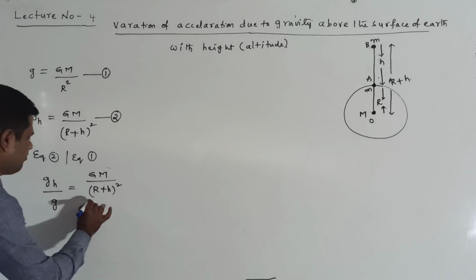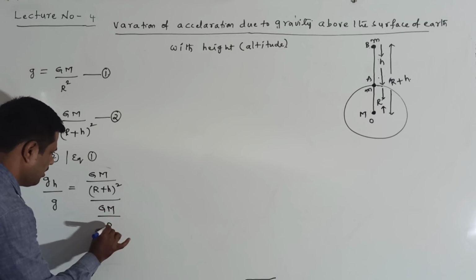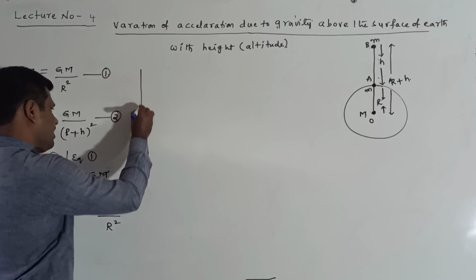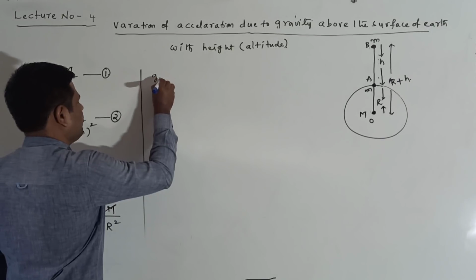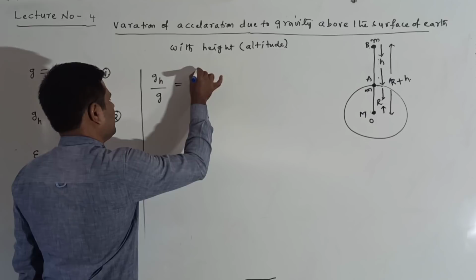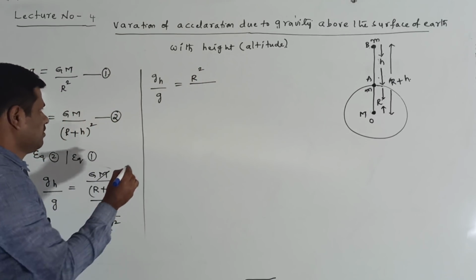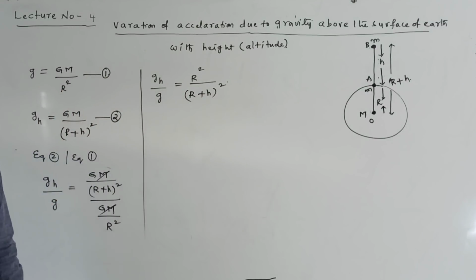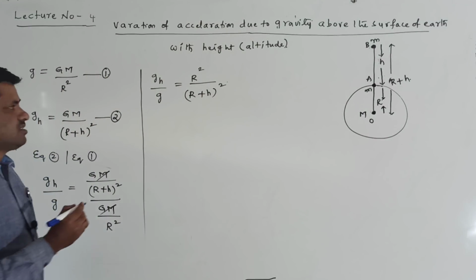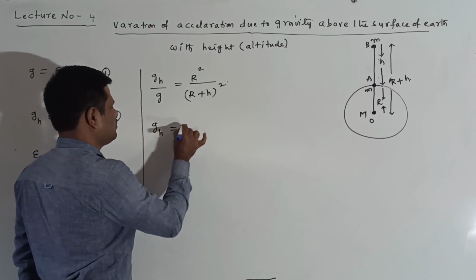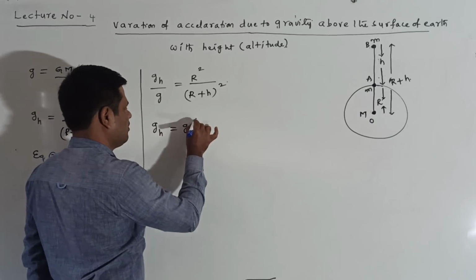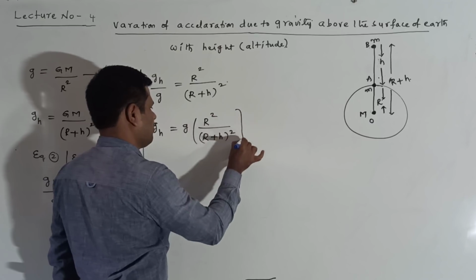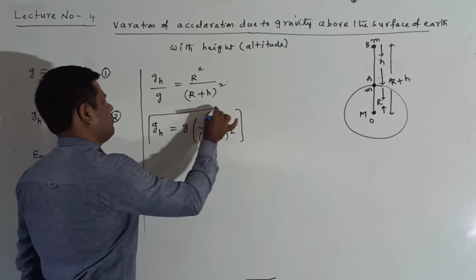From this formula, gh is equal to g into R square by (R plus h) whole square. This is one formula.